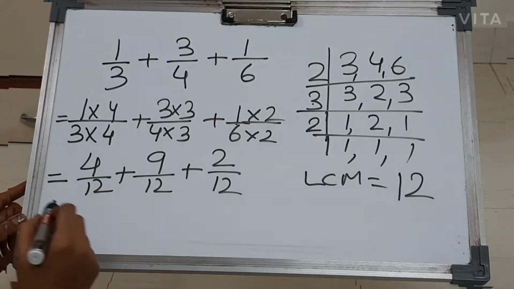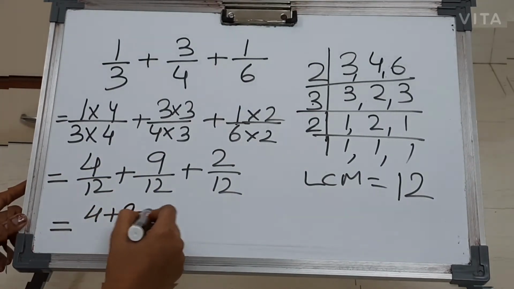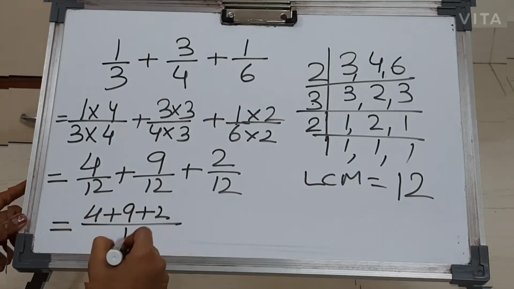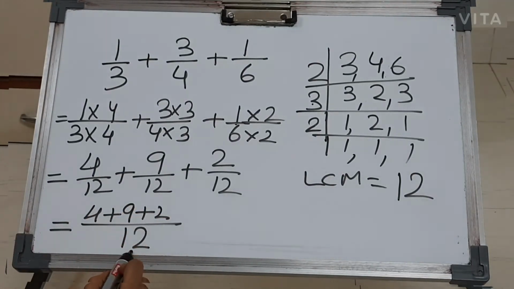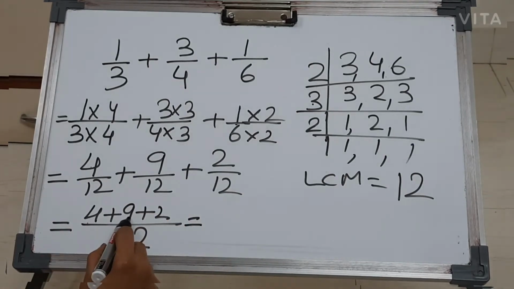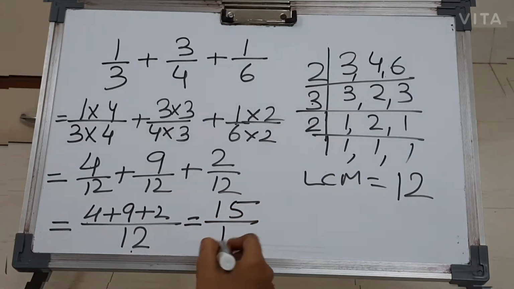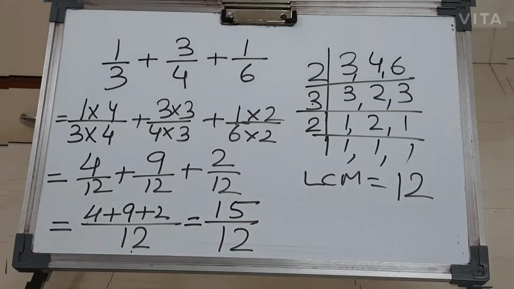One more step: 4 plus 9 plus 2 divided by 12, since we have a common denominator. Now what will be the answer? 4 plus 9 is 13, 13 plus 2 is 15. So 15 by 12. Now we can simplify this again.